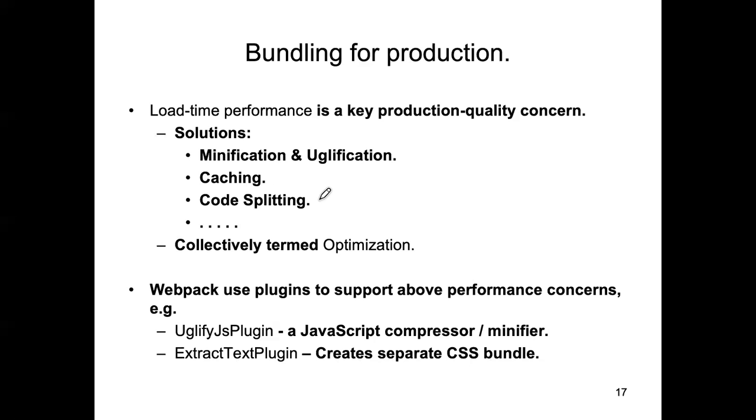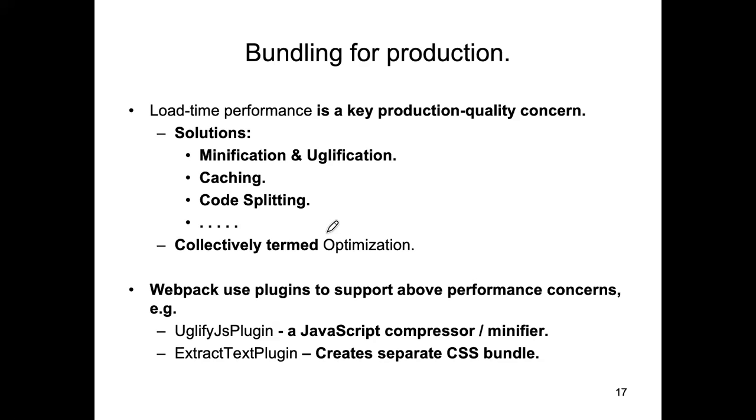But what we have control of as the developers is something called code splitting. That's really going to be the significant part of this whole topic from our point of view. You may or may not remember that code splitting is one part of the assignment that I gave you in this module last week. So we're getting close to that.